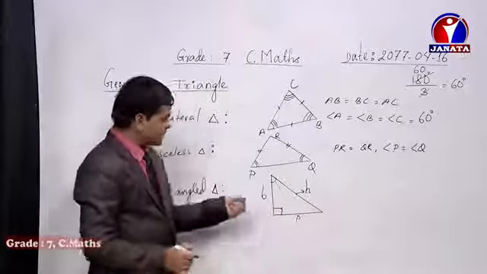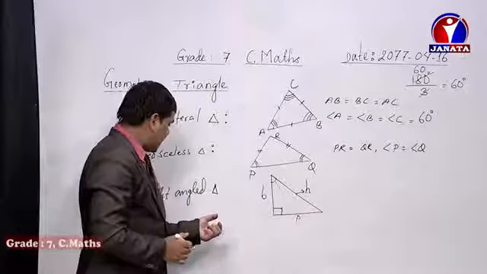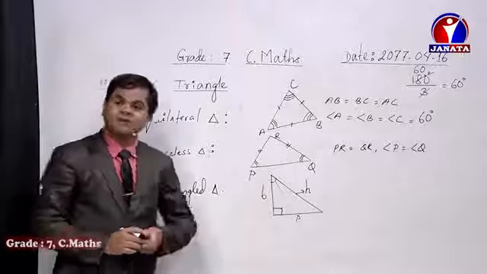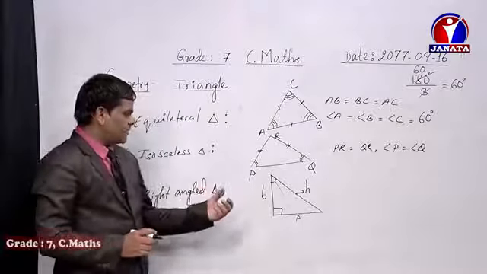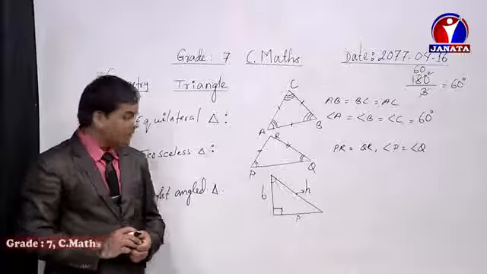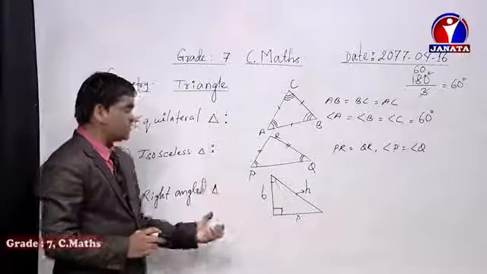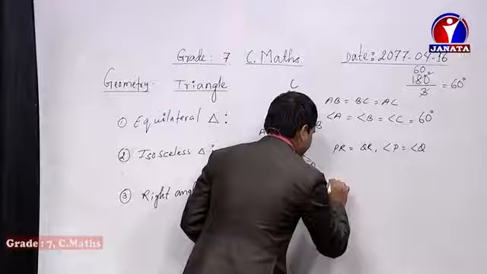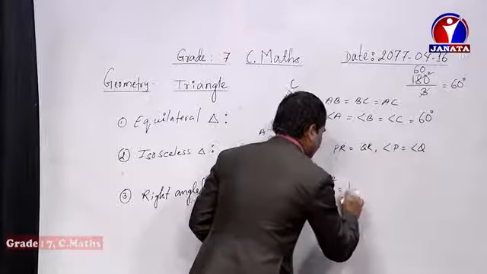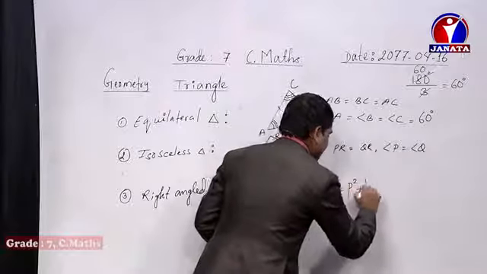Okay, that's the concept of right angle triangle. And dear students, Pythagoras invented one very essential theorem regarding the right angle triangle, that is hypotenuse square. That means the measure of hypotenuse square will always equal perpendicular square plus base square.